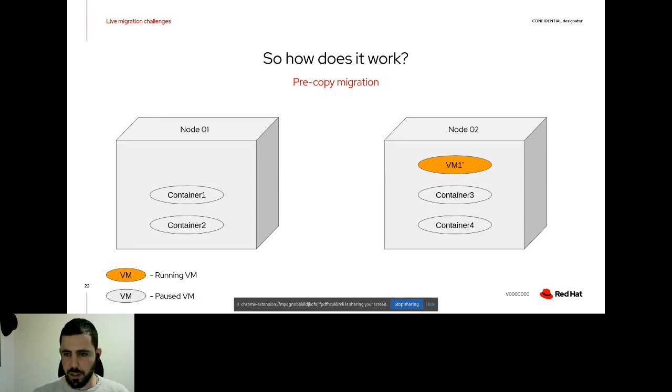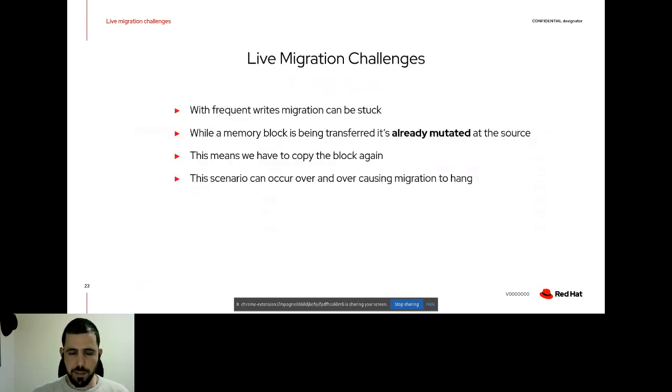This is all great, but again, with frequent writes, migrations can get stuck. The main problem is that while we transfer a memory block from the source to the target, it can be mutated at the time we're transferring it. This means we have to copy the block again.